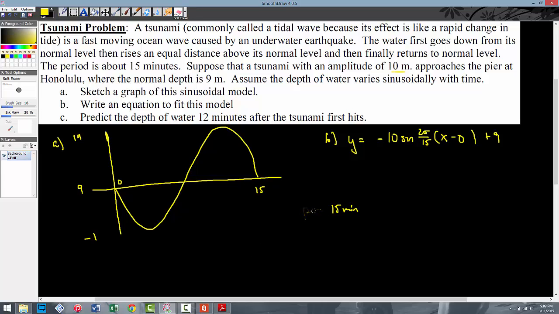That was easy. Let's take a look at part C. It says, predict the depth of the water 12 minutes after the tsunami hits. Okay, so here's what I'm going to do. I'm going to let x equal 12. And so, unfortunately, like the bouncing spring problem, without a calculator, I can't really figure out directly what this thing equals.